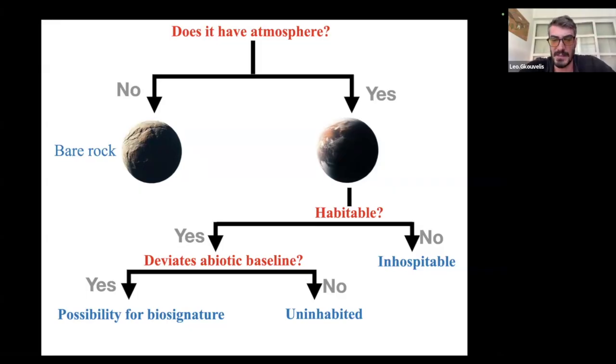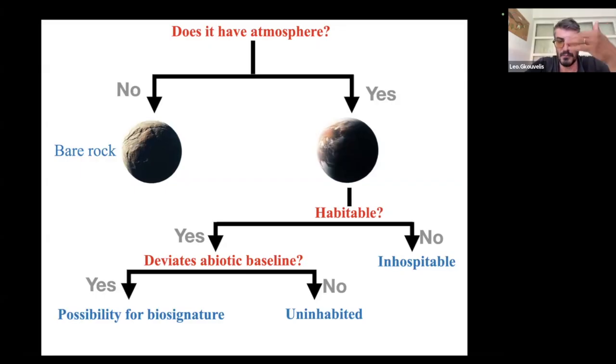Now, if the answer is yes, it can be habitable, but does it actually contain, let's say, some life form there? This is a very controversial topic. I will come back again in my final slide. But my main approach here is that if you can observe some physical characteristics of the planet, does this observational signal deviate from what we call the abiotic baseline?